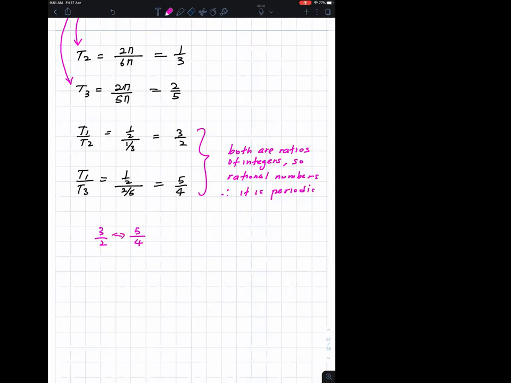You take the LCM of the denominators, which is the one number where both numbers can go through.